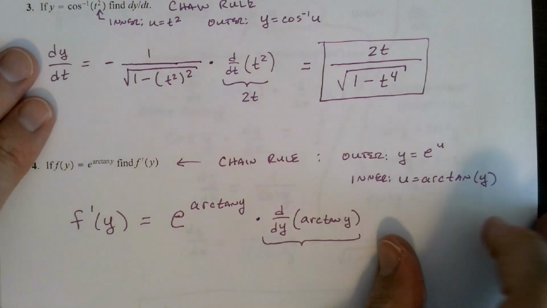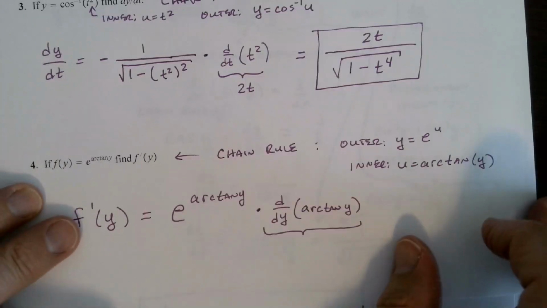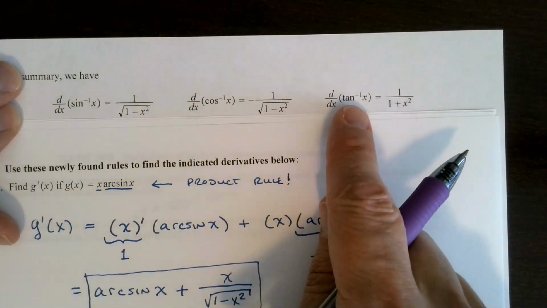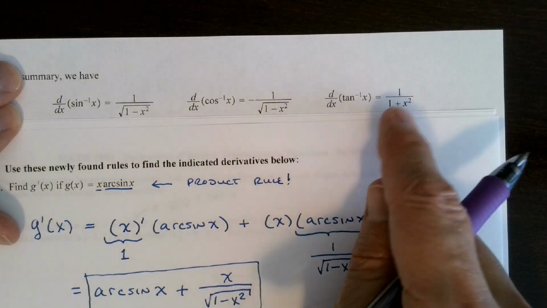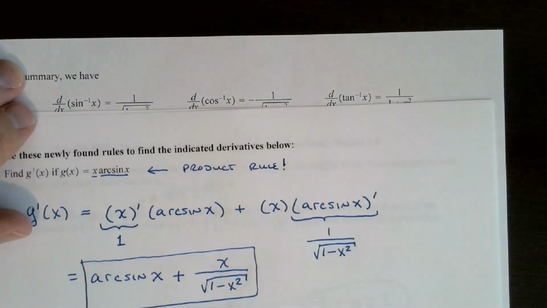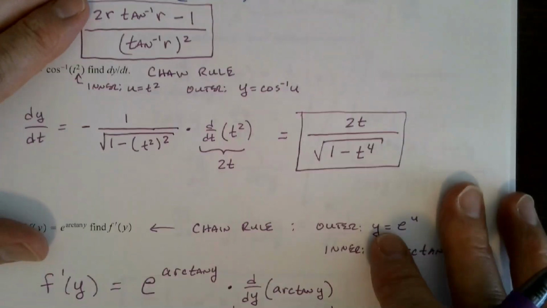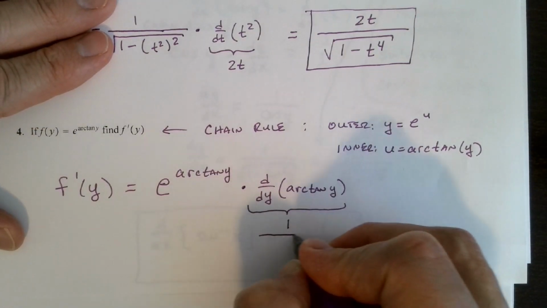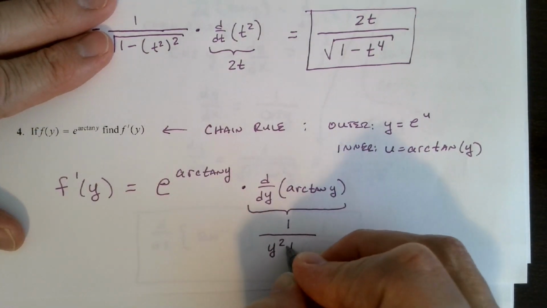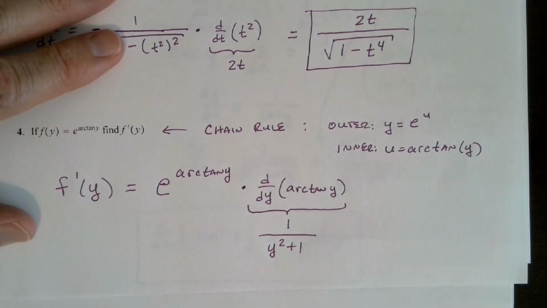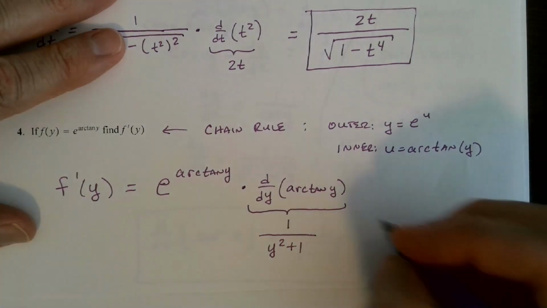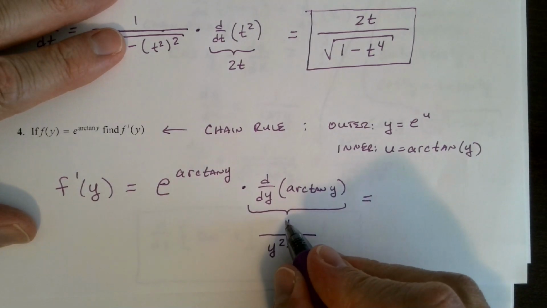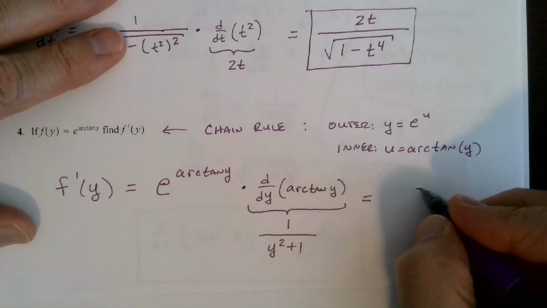By the rule we found earlier for the derivative of the inverse tangent function, this is the same as arctangent of x. It's 1 divided by 1 plus x squared. In this case, our independent variable is y, and so we get 1 divided by y squared plus 1. You can do 1 plus y squared, doesn't matter the order. And what do we have? Then I have 1 over this times this, so this is on top.